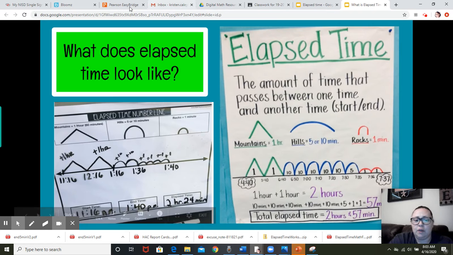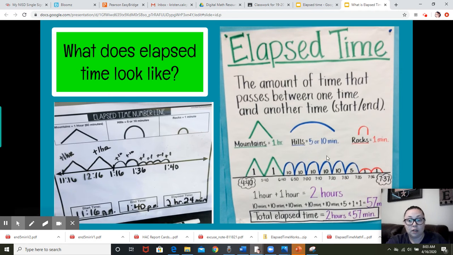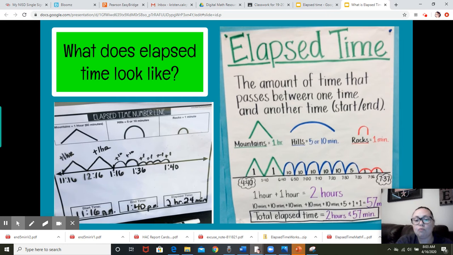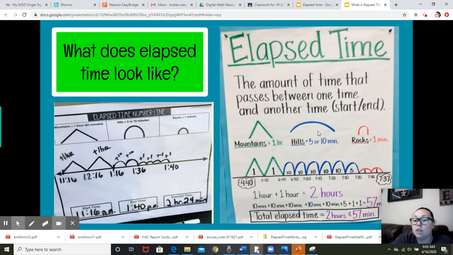Okay, so you can turn your clock into a number line, or you can just write on the clock. Our hours are our mountains, and then we can either go by 5 minutes or 10 minutes. Miss Kaylee usually prefers to go by 5 minutes. Those are our hills, and then 1 minute is our rock.